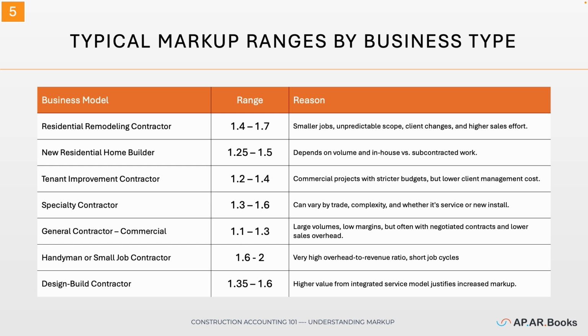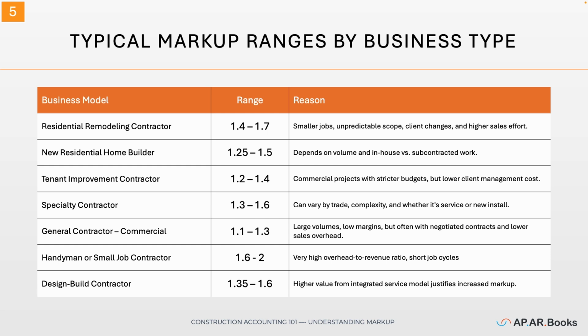Tenant improvement contractors tend to be in the 1.2 to 1.4 range. These are commercial jobs with tighter budgets but lower client management needs. Specialty contractors range from 1.3 to 1.6, depending on the trade, job complexity, and whether it's a service call or fully installed.